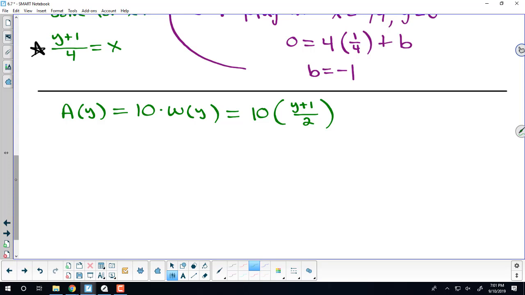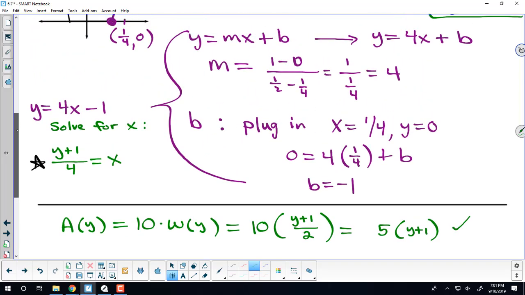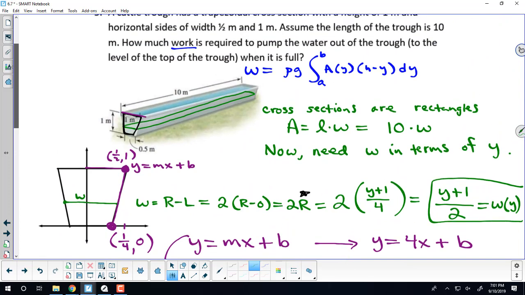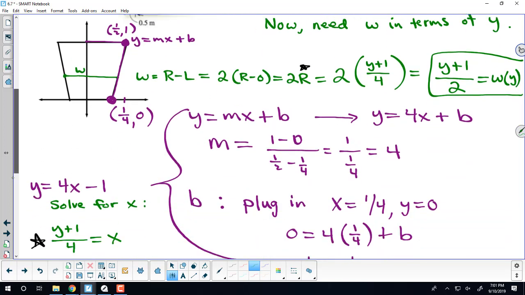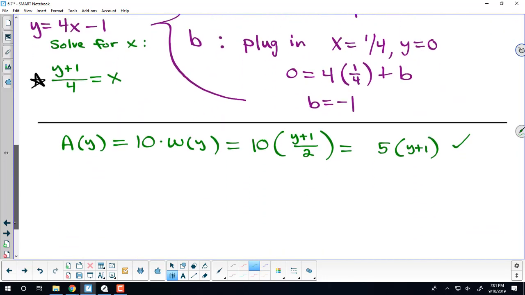Okay, so there's our area function. What else do we need? Yeah, h minus y. We have the density of water, we have the gravity, we have the area function. So we just need the height function. So h minus y would be what?